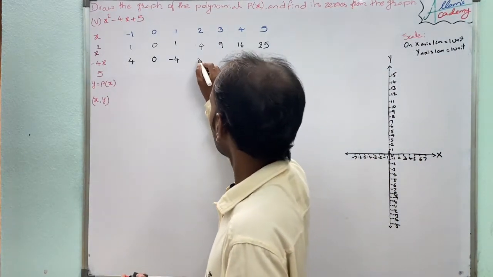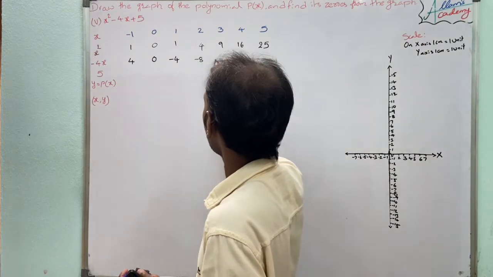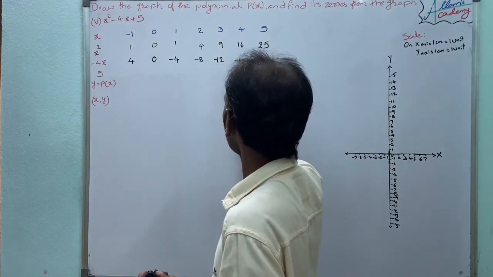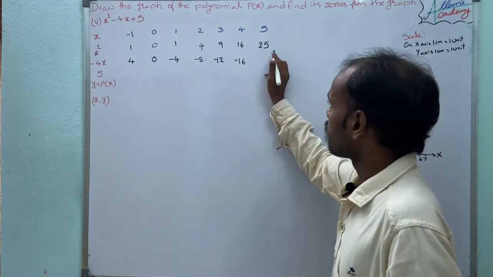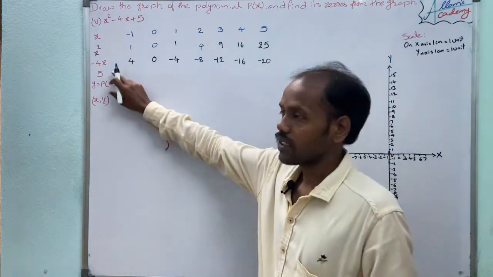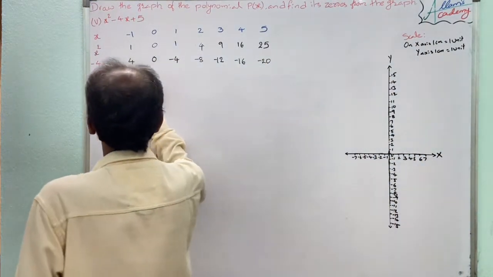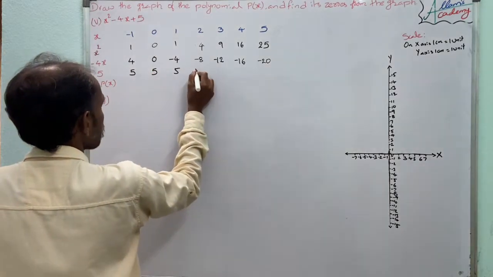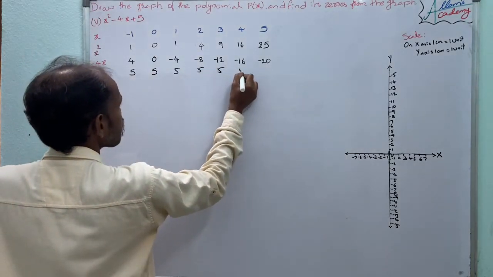So minus 4 into 2 is minus 8, minus 4 into 3 is minus 12, minus 4 into 4 is minus 16, minus 4 into 5 is minus 20. Next the positive number 5, a constant, so we take it directly.